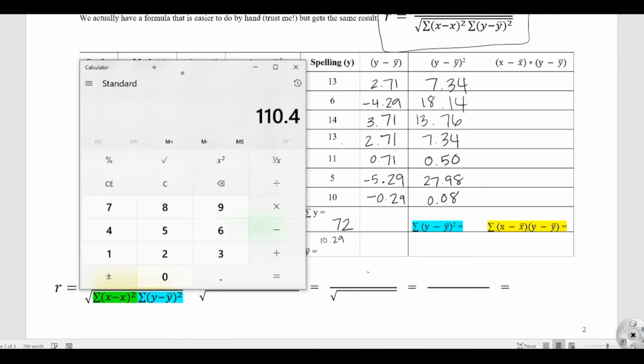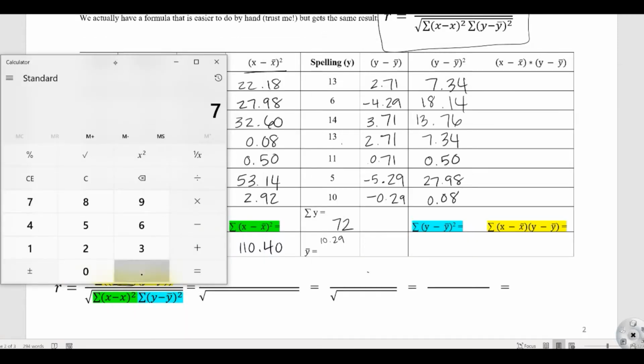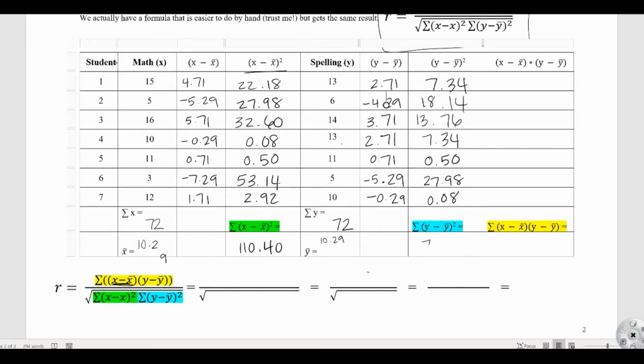Now this side, 7.34 plus 18.14 plus 13.76 plus 7.34 plus 0.5 plus 27.98 plus 0.08 equals 75.14. Okay.